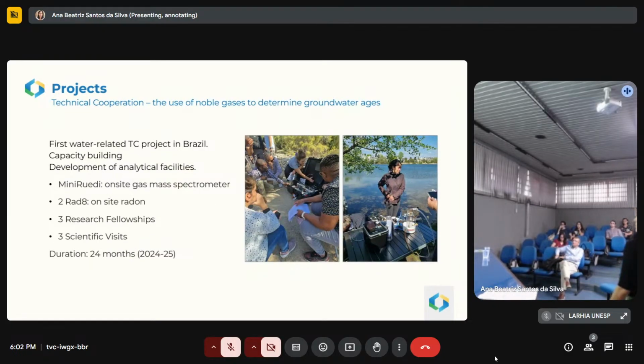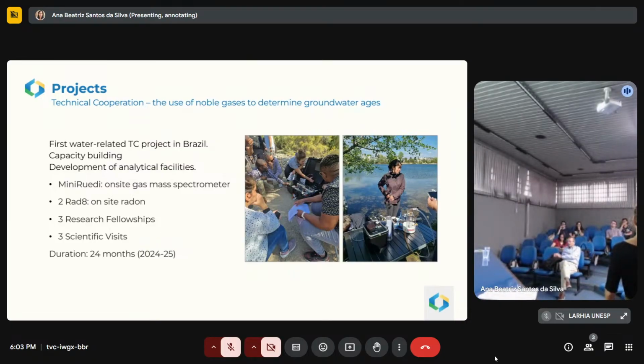Well, we also got a technical cooperation project, also with support of the IAEA. The main objective of this project is to generate groundwater age data from 3 different aquifers in Brazil in the northeast area.